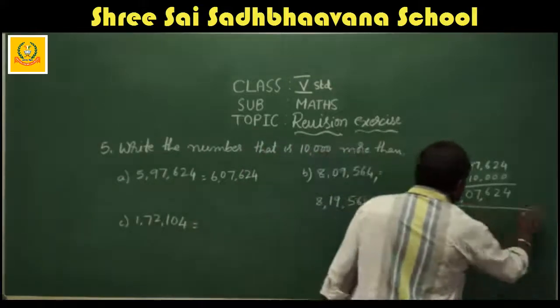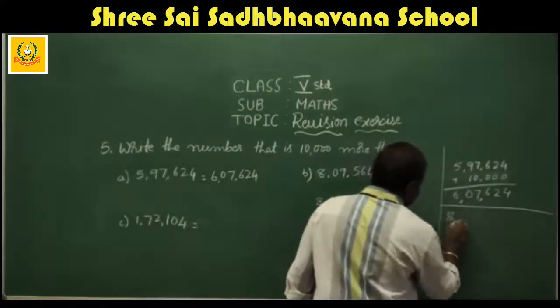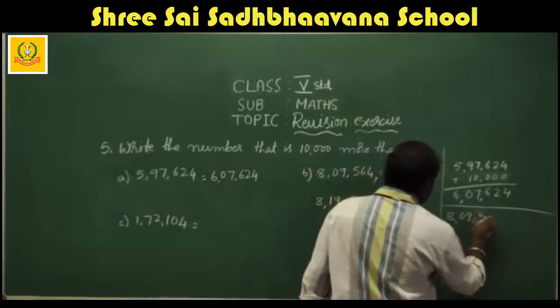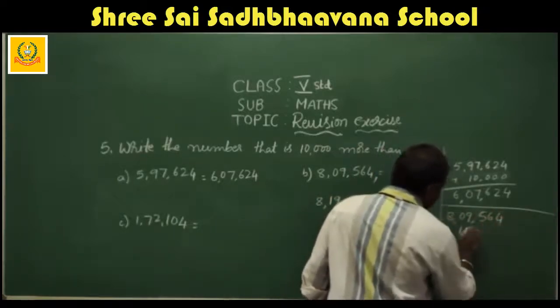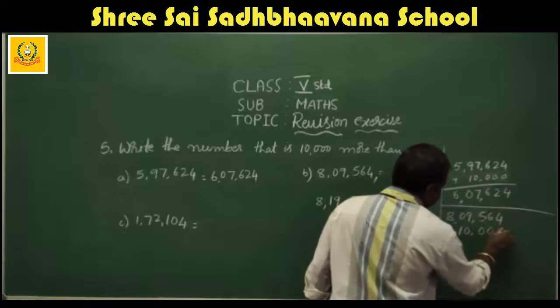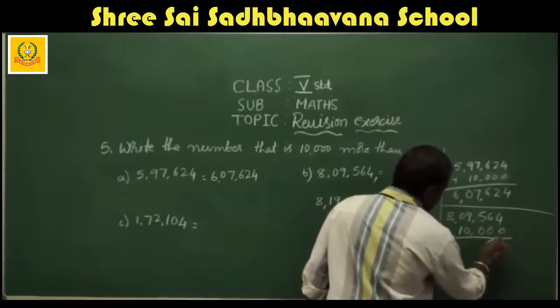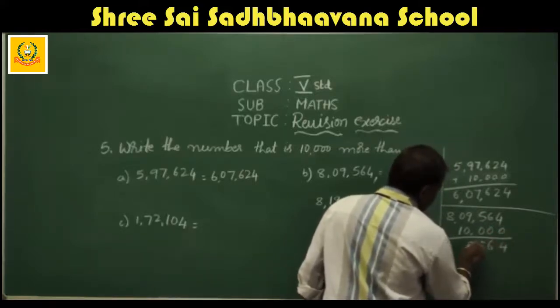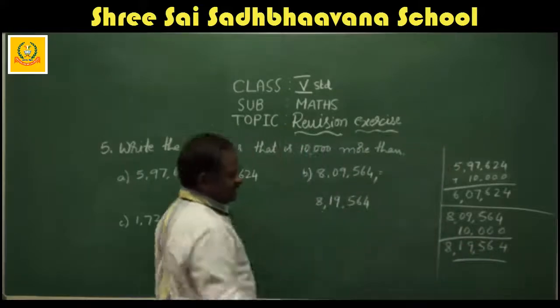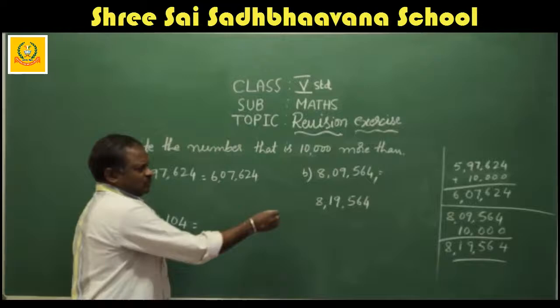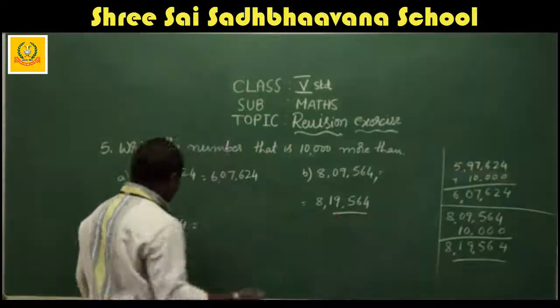If you have doubt, just add once again here. 10,000 when you add, you get 8,19,564. This is the answer for this problem.